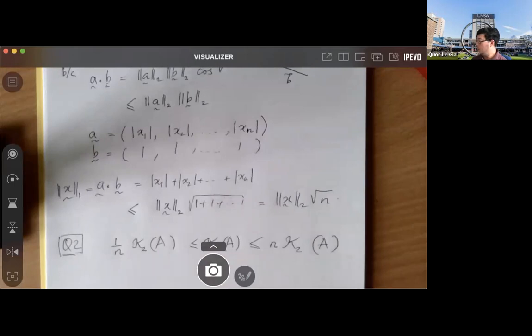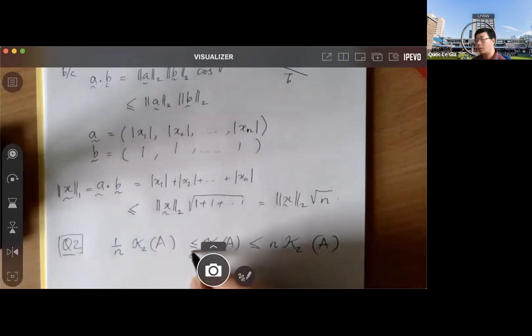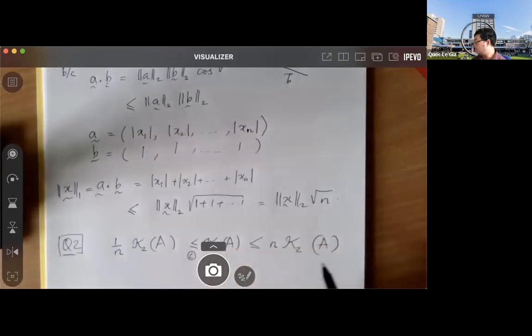So let's prove number C first, this inequality first, and then we can prove the other one.